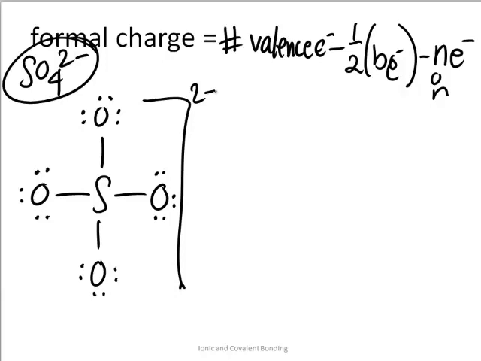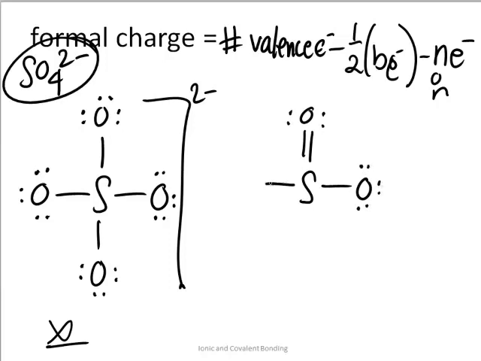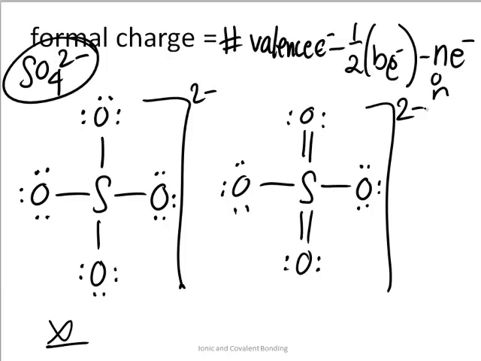And it turns out that each of the elements looks like it has the octet, and indeed they do, written like this, but this is not the most stable structure, and this is not what sulfate looks like in reality. It actually looks like this: a scenario where sulfur has more than 8 valence electrons, what we refer to as an expanded octet.